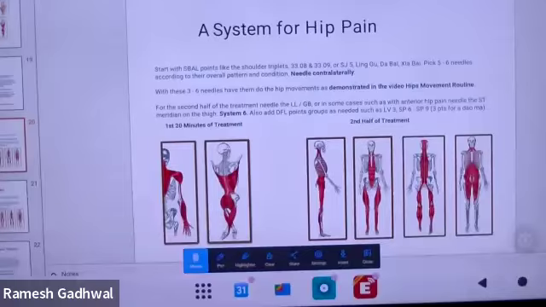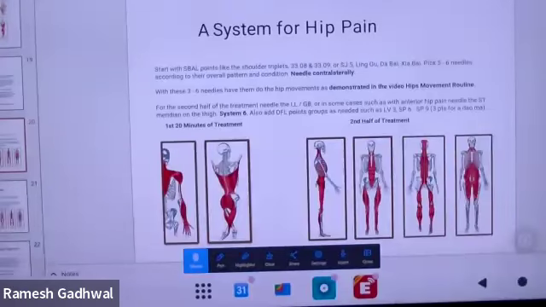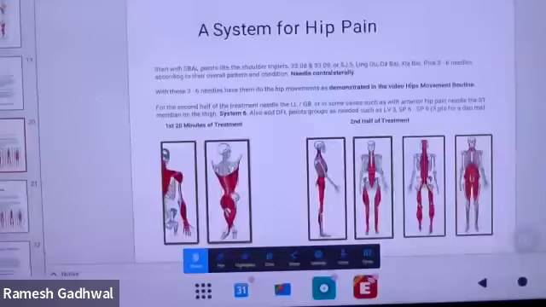Hip pain management. It is helpful for you. Yes. How much did it help you? Sciatica pain. Okay.